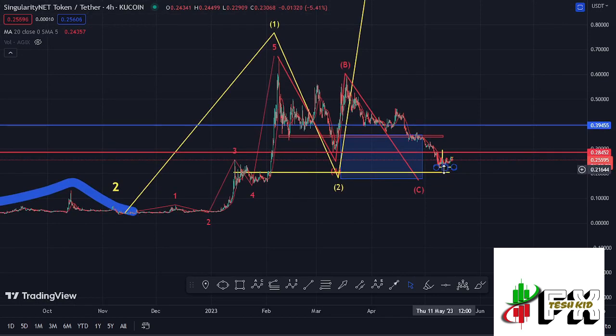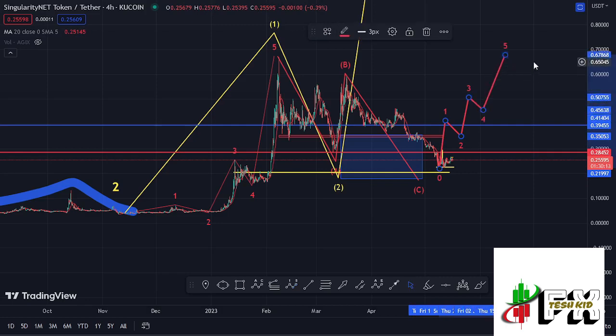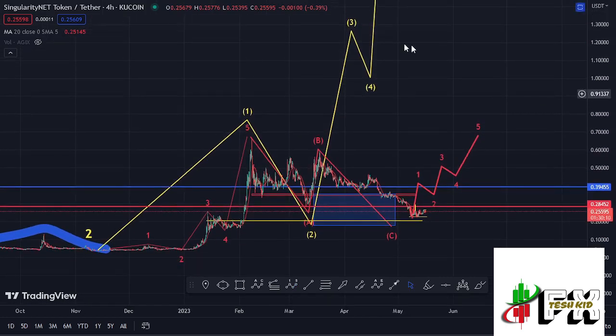Until we have a confirmation and also see the start of a 5-wave structure to the upper side over here, in what could be the start of the formation of this larger Elliott wave count 3, there are still chances that AGIX might still see further breakdown and fully maximize the blue target area at around the $0.17 mark in the formation of that wave 2 before we can start our massive run up in the formation of that wave 3. So that is what I'm expecting here on the AGIX chart, basing it on the chart patterns and also on the Elliott wave structures.